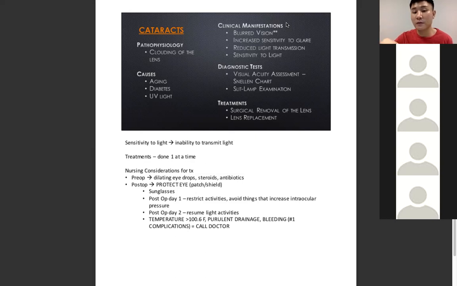That's why we use the eye drop to dilate the eye, so there is increased surface for the surgeon to operate, steroid to decrease the inflammatory process, and antibiotic to kill or prevent infection.